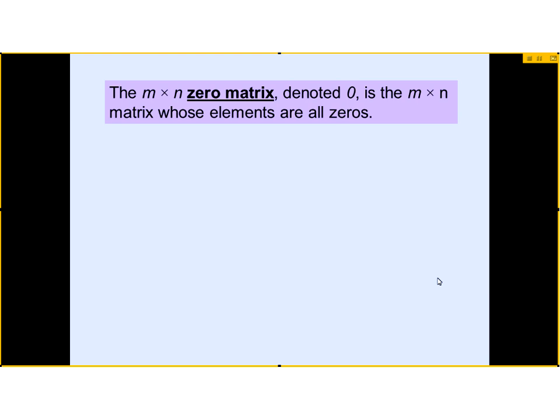In a face-to-face class, I also discussed that there are many types of zero matrix: a 2 by 2 matrix 0 0 0 0, a 1 cross 3 matrix, or a 3 cross 1 matrix. All are called the zero matrix. For example, this is a 2 by 2 zero matrix, and another example is a 1 by 3 matrix.